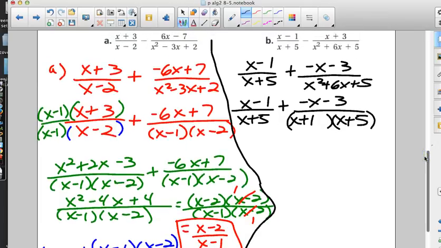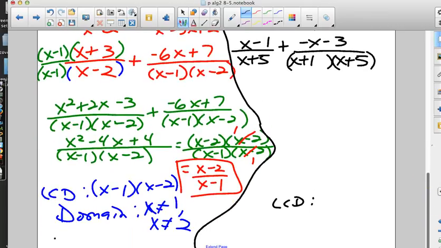This one was an x plus 5 when we started, and then this one is an x plus 1 and an x plus 5 when I factor it. No, it's x plus 5, x plus 5, x plus 1. So domain restrictions. It's okay, it's a Monday morning, these things happen. Domain restrictions: negative 1, negative 5.